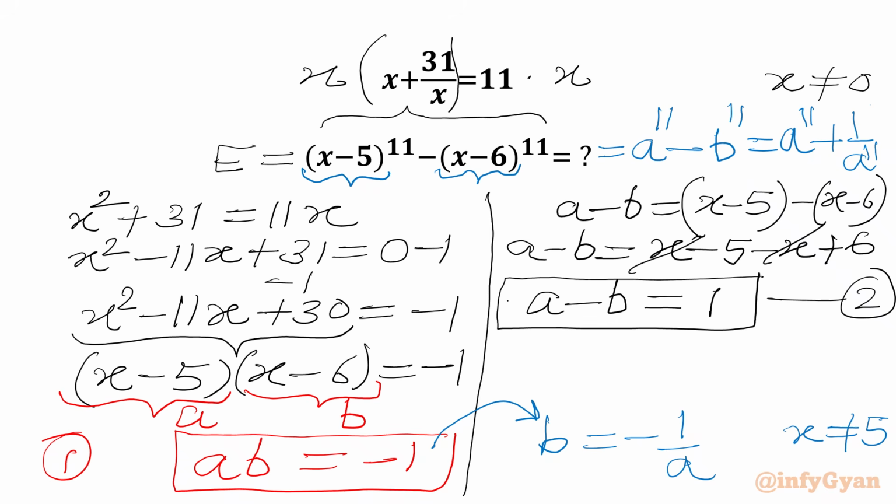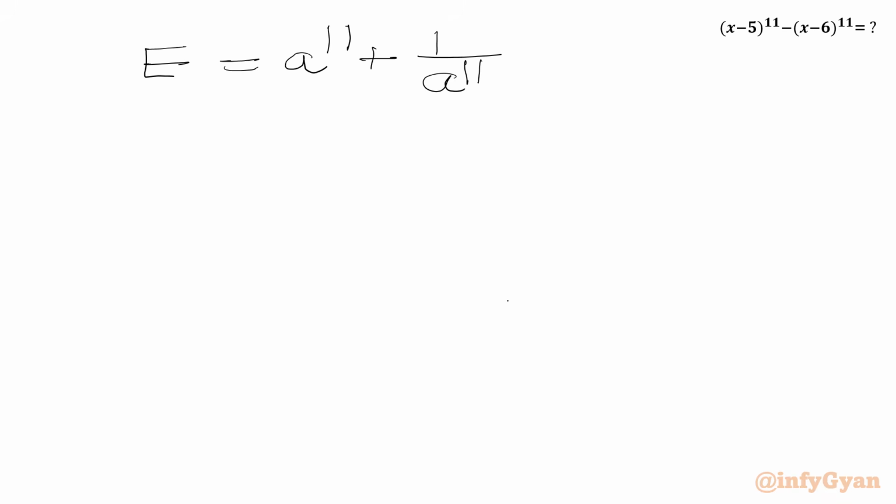And we have two equations, A minus B is 1, AB is minus 1. Let me write here: required expression E equal to A power 11 plus 1 over A power 11. We have equation number 1, AB equal to negative 1. Equation number 2, A minus B equal to 1.